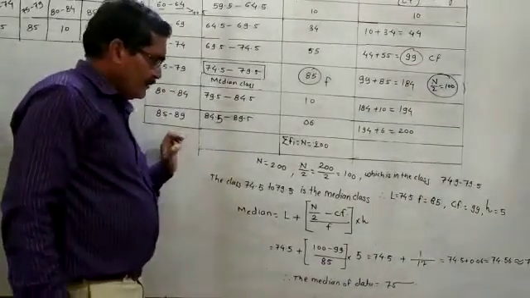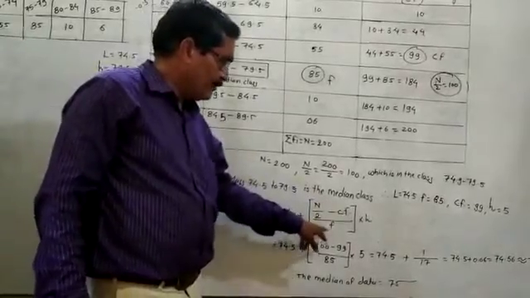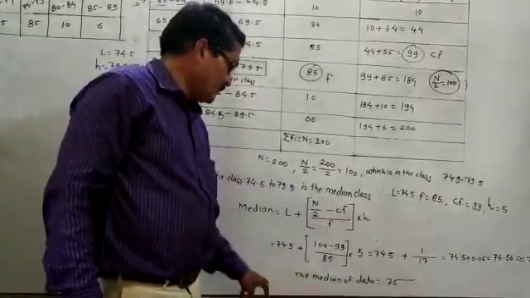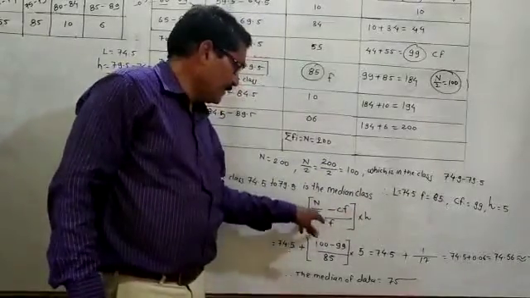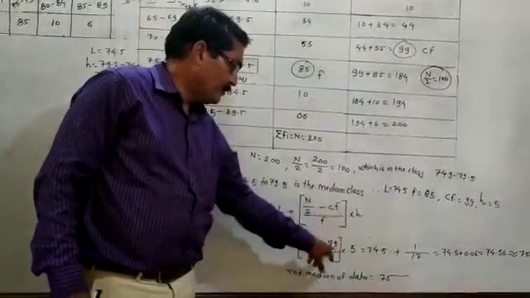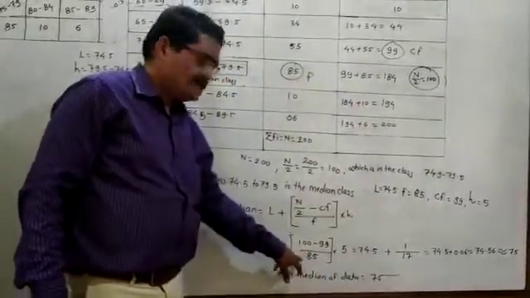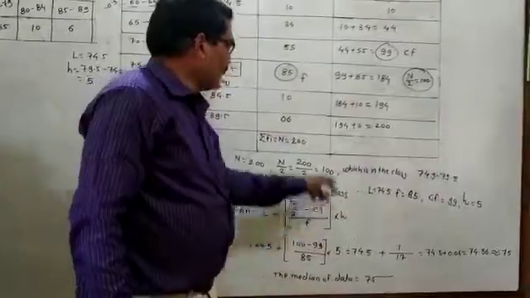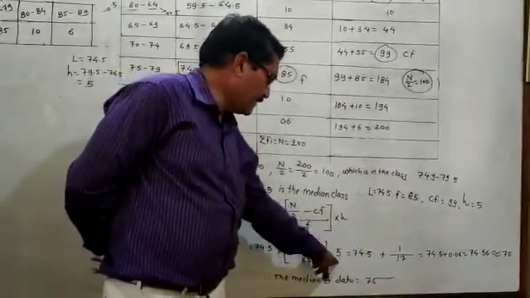So you have to find out the median. Median is equal to, you have to write the formula, L plus (n upon 2 minus cumulative frequency) upon f into h. So you have to put the values: L is equal to 74.5 plus n upon 2 is equal to 100, cumulative frequency is 99, upon frequency of the median class is 85, multiplied by class height 5.